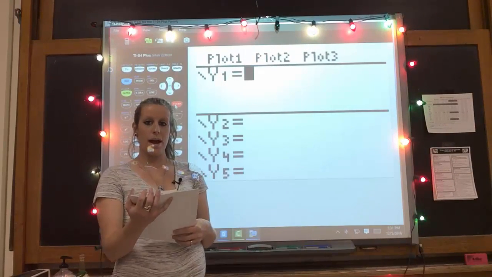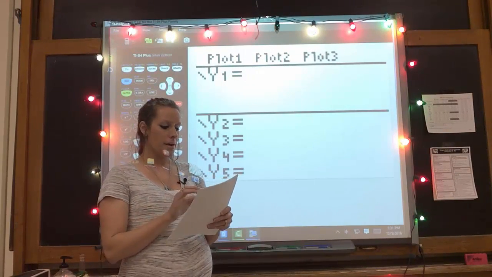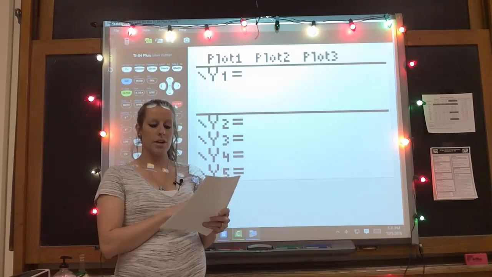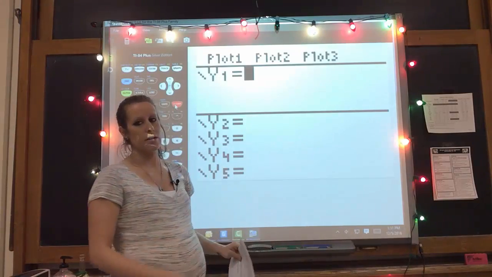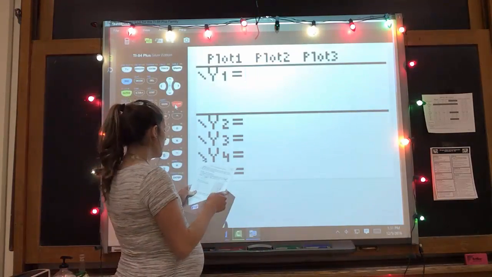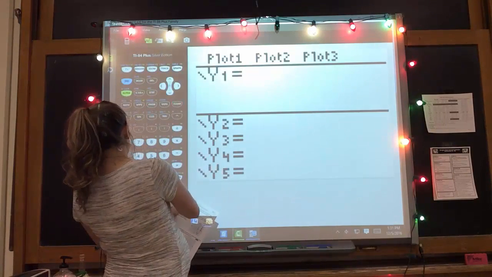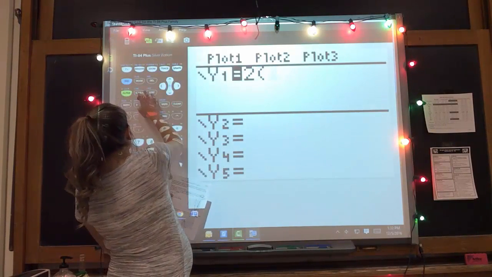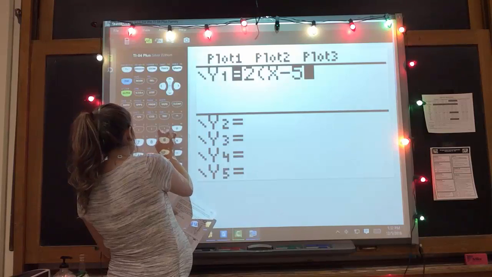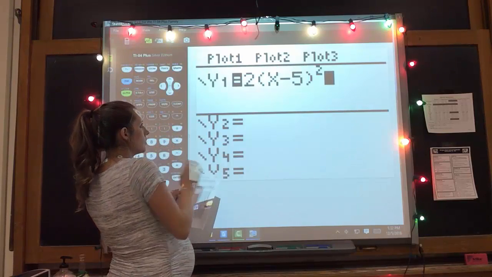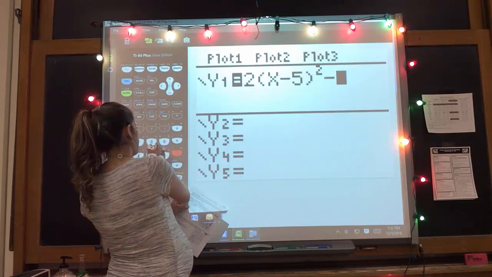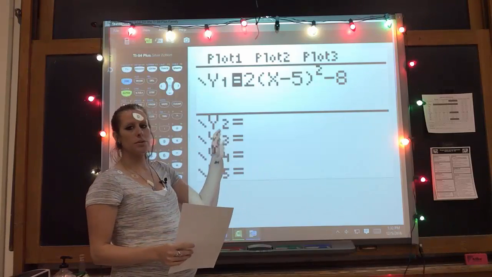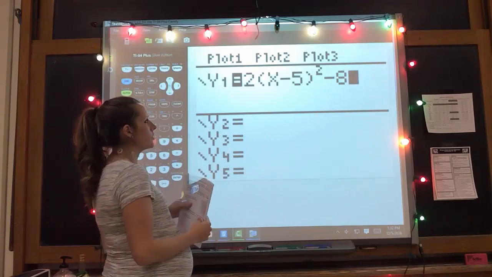Okay, so let's go to y equals on your calculator. We're going to put in this equation, look at our table, and it's going to tell us what points we need to plot. So y equals 2 parentheses x minus 5 squared minus 8. Once you punch it in, you're going to go to your table.